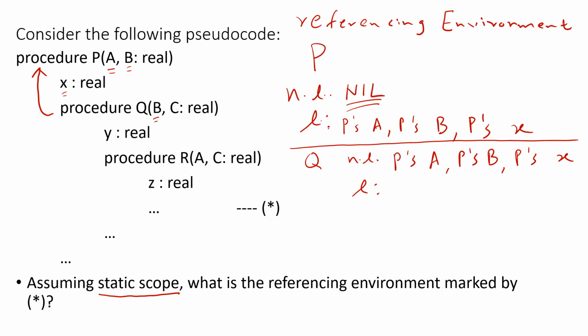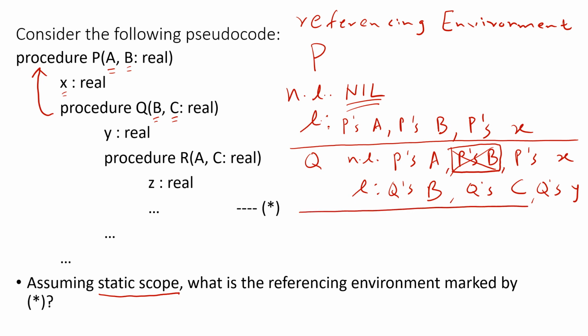Q has its own copy of B, so it has Q's B. Since it has its own copy of B, it won't access P's B, right? Then it has its own copy of C, so Q's C, and we have Q's Y.